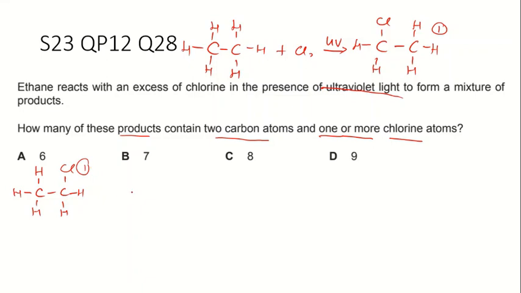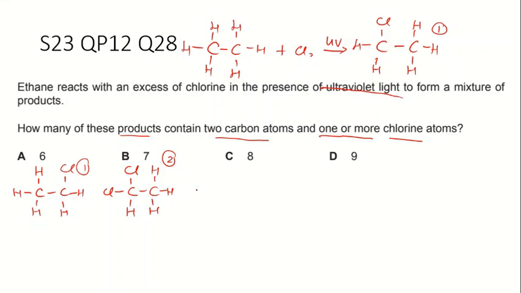Now, if more hydrogen is being substituted, let's say I have 1 and another chlorine. So this time 2 hydrogen being substituted by chlorine. This will be our product number 2, because 1 and 2 are obviously different products: in number 1 we have only 1 chlorine substituting 1 H, and in product number 2 you have 2 chlorines.